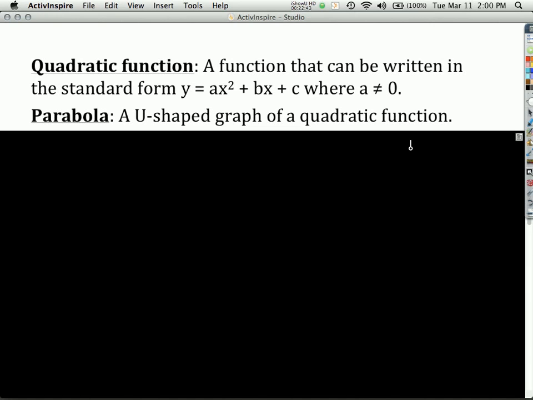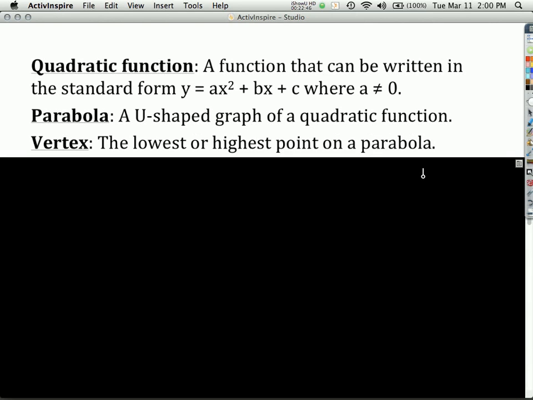Parts of a parabola. One part is the vertex, and that is either the lowest point if the parabola is going up, or it's the highest point if the parabola is opening down. You're going to see examples of both.